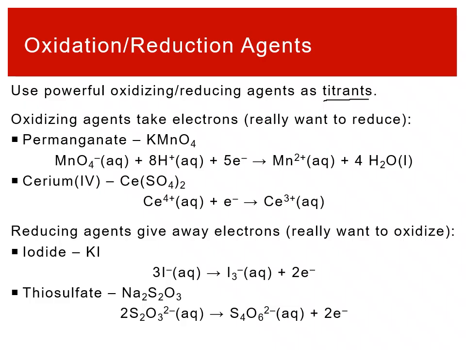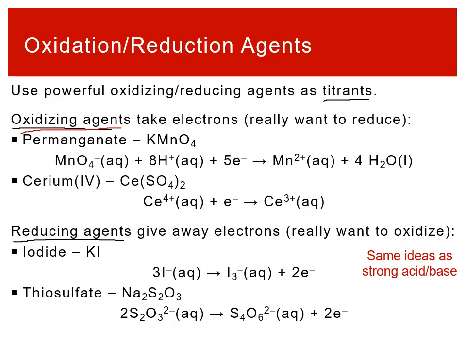Basically what we use is either really strong oxidizing agents or really strong reducing agents. This is similar to the prospect of using strong acids or bases. Remember, we wanted to push all the way to a product-favored equilibrium. We want to basically use a sledgehammer when it comes to driving this chemistry. So if you decide the thing that you're going to analyze in the titration needs to be oxidized, you use an oxidizing agent.